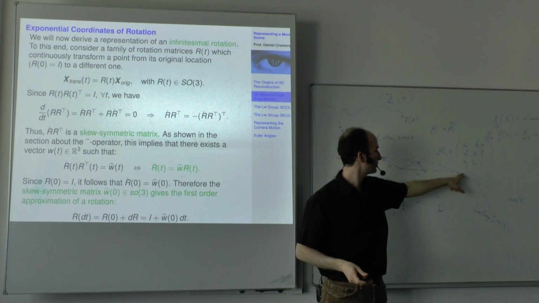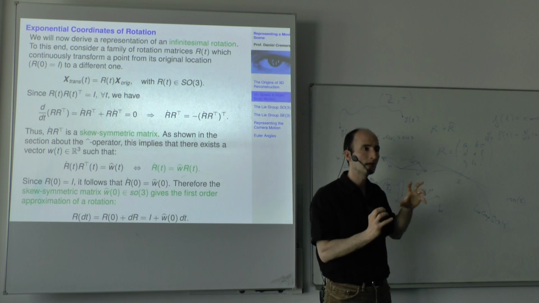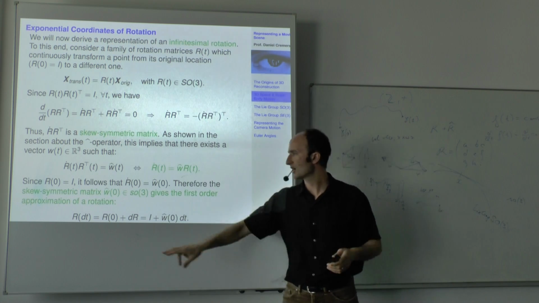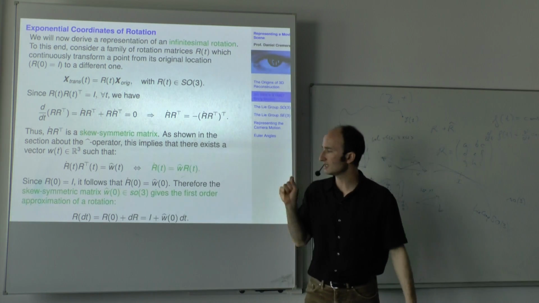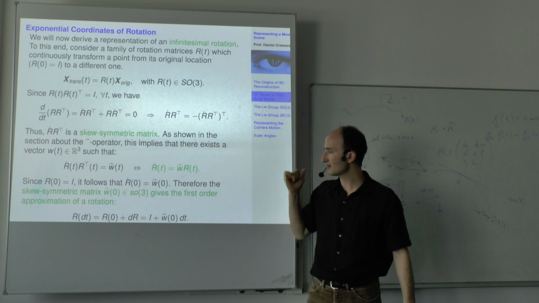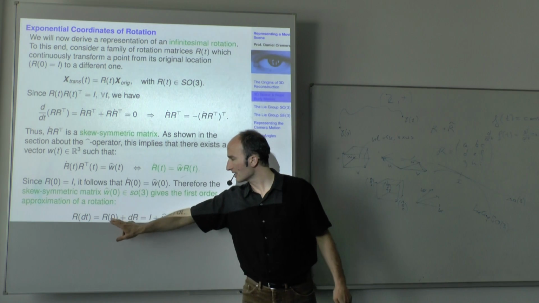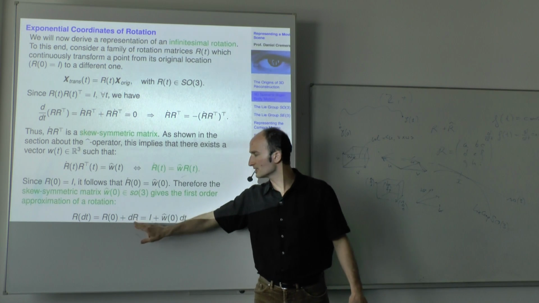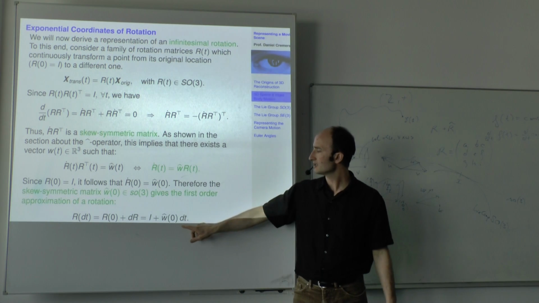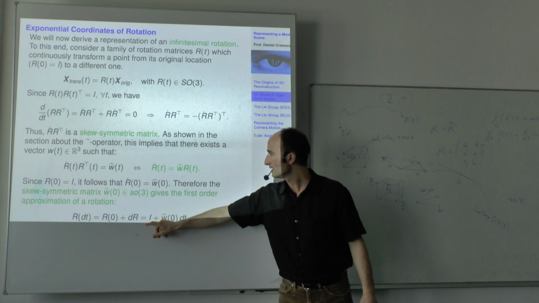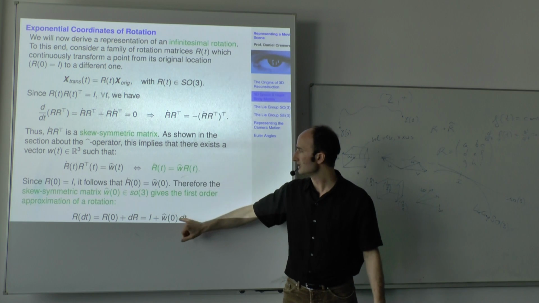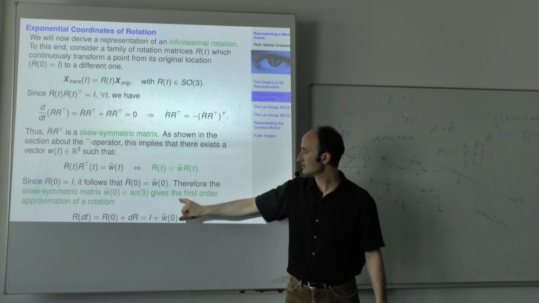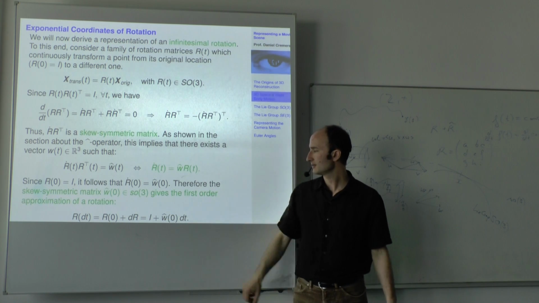So at time 0 we have an identity transformation, and a little bit further, so R at time dt, where dt is an infinitesimal time step, in a first order expansion we can say it's R at time 0 plus a change in rotation, and that change in rotation is nothing but dR by dt times dt. dR by dt is this W hat times dt.